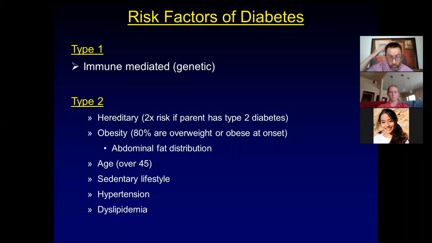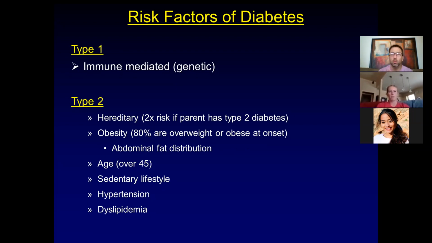So having excess body fat is going to be one of the key drivers of what we call insulin resistance. We don't fully understand what it is about having excess body fat that is going to make your insulin receptors stop functioning correctly in skeletal muscle, but that is one of the most common things that we see across all of the research.